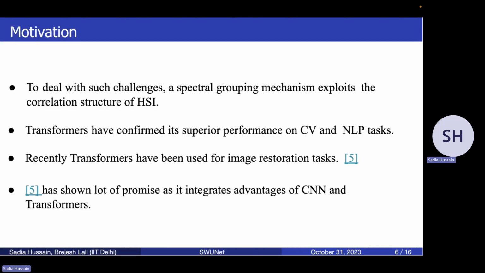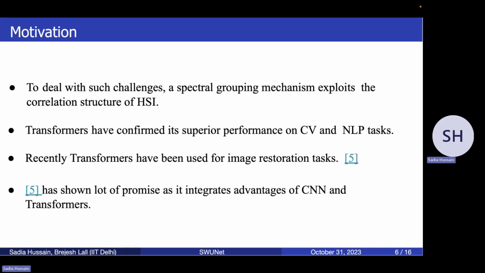Keeping these challenges in mind, we see quite some motivation to work with a spectral grouping mechanism because it exploits the correlation structure of hyperspectral images. And also, transformers have confirmed their superior performance on computer vision and NLP tasks.